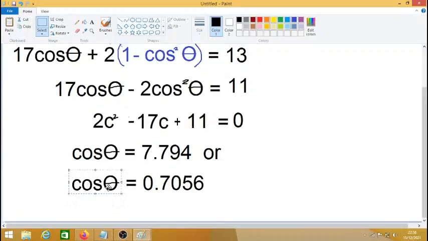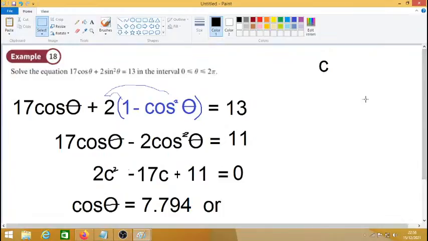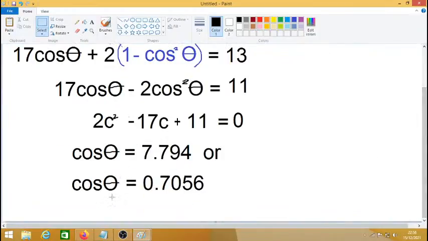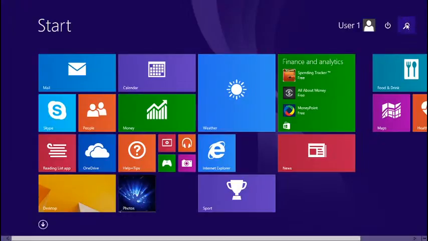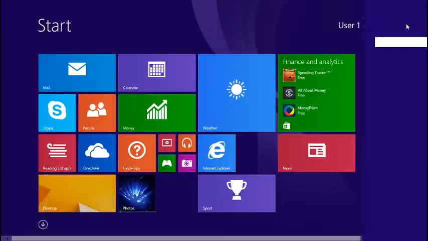So then when you type in 0.7056 and inverse cosine that, remember we're working in radians, you should then get what theta is. That'll be your first solution. So let's try that now. You can try it as you're waiting.